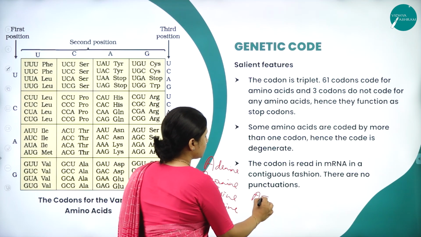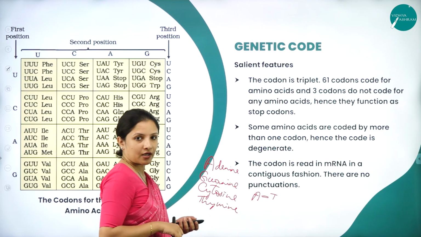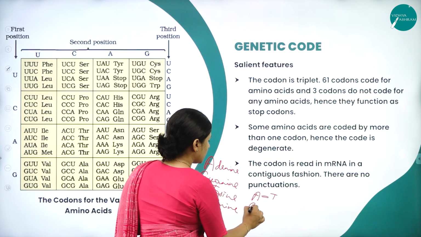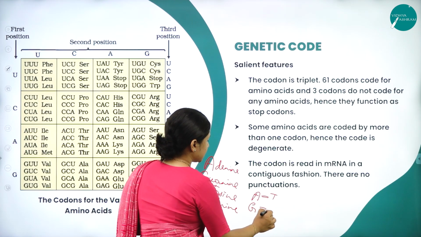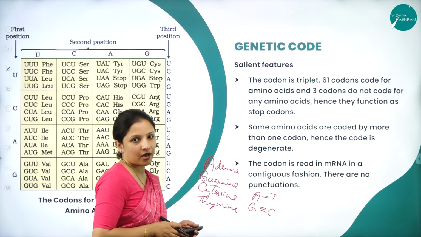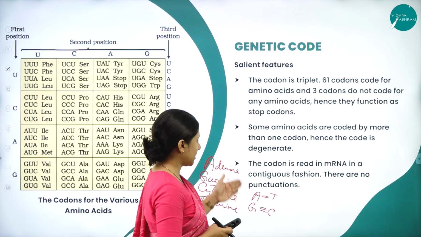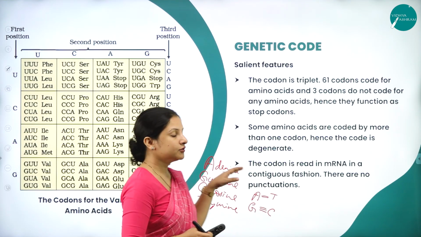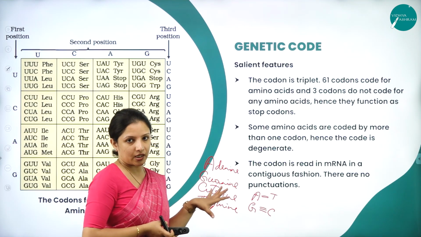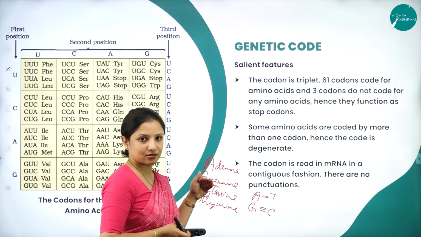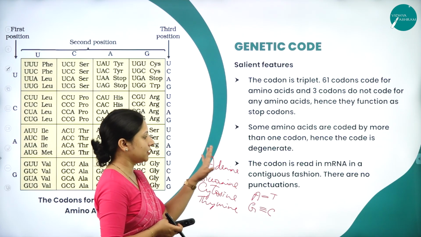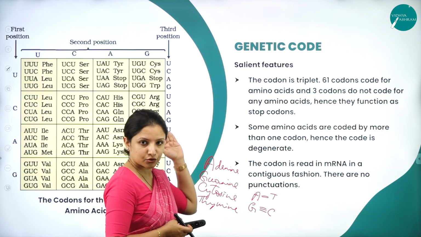Adenine always base pairs with thymine with a double hydrogen bond. Guanine always base pairs with cytosine with a triple hydrogen bond, or in both cases vice versa, that is thymine with adenine and cytosine with guanine. So this is the basic rule in a DNA, and these are the nitrogenous bases that are present. So remember this because we need to know about these nitrogenous bases throughout.